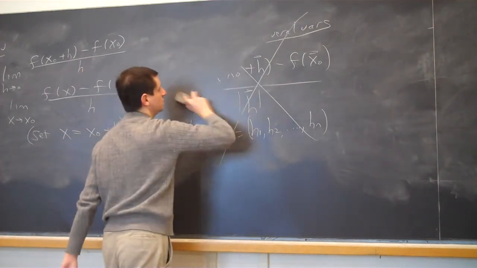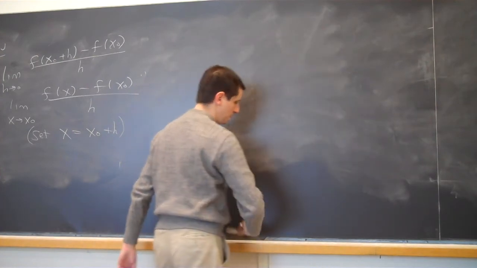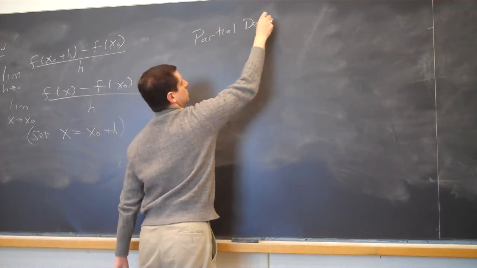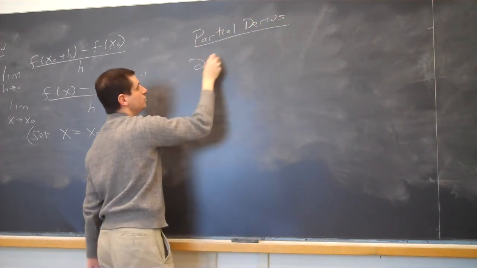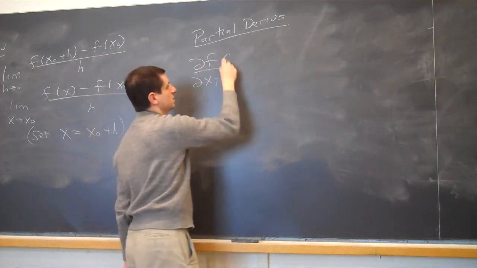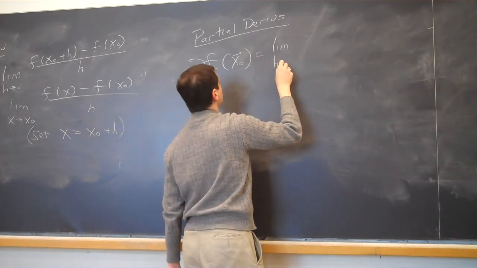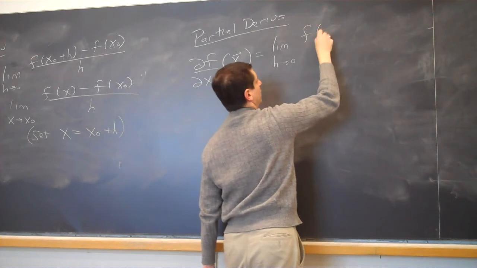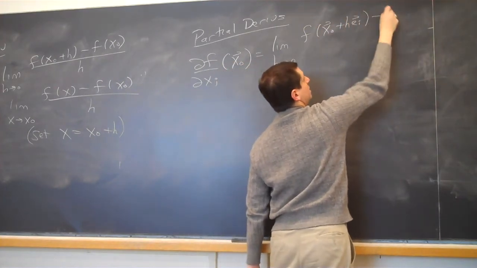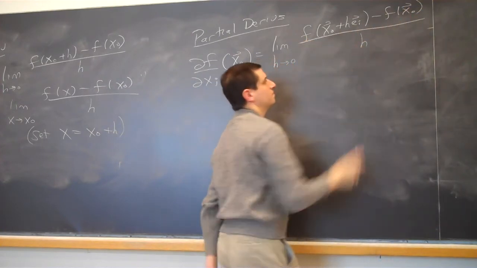So we're going to erase this, get this out of our sights, it's that wrong. We'll start off with partial derivatives. So the partial derivative of f for the variable xi at the point x0 is going to be the limit as h goes to 0 of f of x0 plus h ei minus f of x0 divided by h.